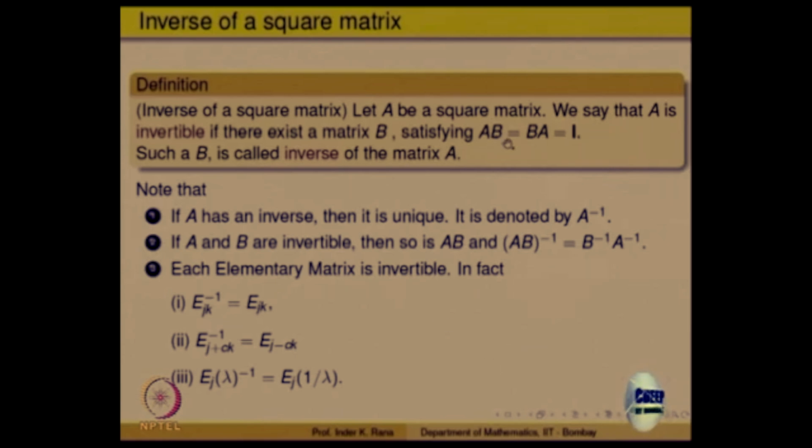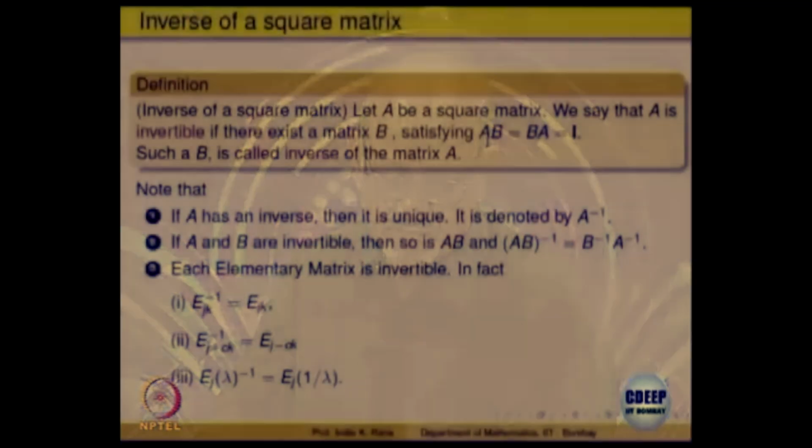Keep in mind what our definition of invertibility is. It says there is a matrix B so that A into B is the same as B into A, equal to identity. Later on we will see other definitions of invertibility also, but we are starting with a definition like numbers: for every non-zero number alpha, there is an inverse 1 over alpha.